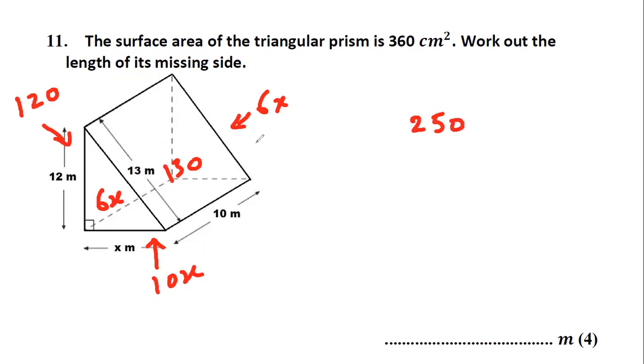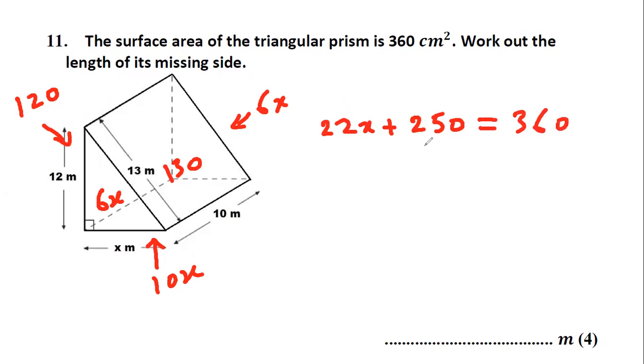And if I add all of the terms with x, that will be 10 add 6, which will be 16, so 16x. Wait, with both triangles and the base, that gives 22x, plus 250. Here we can form an equation because we know that the total surface area is equal to 360.